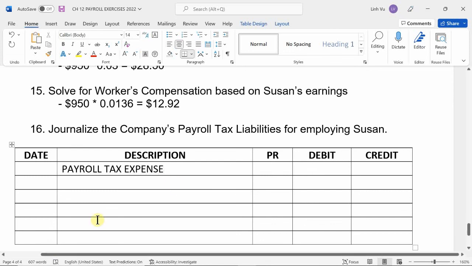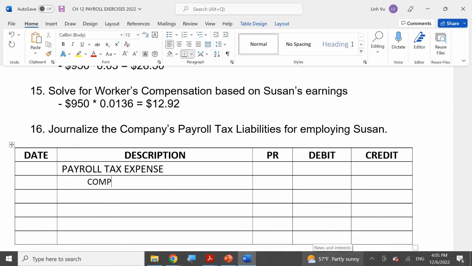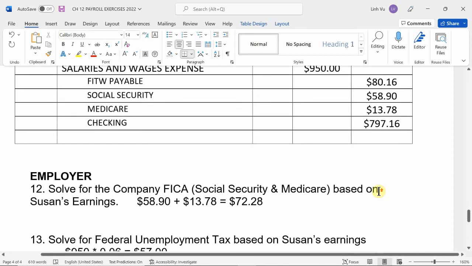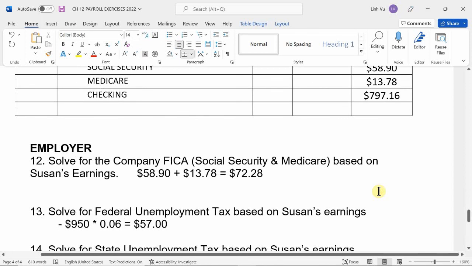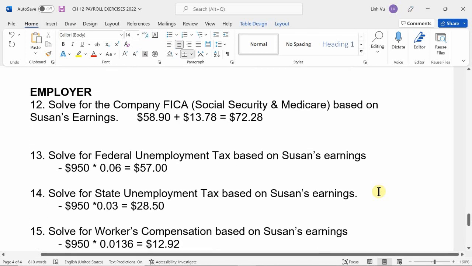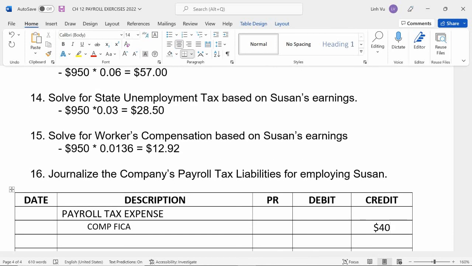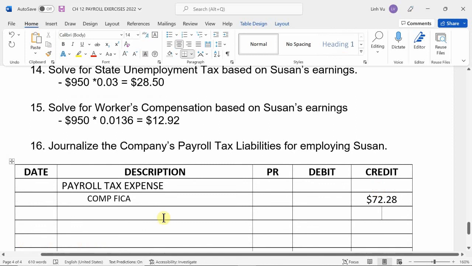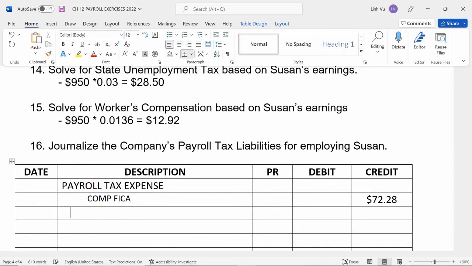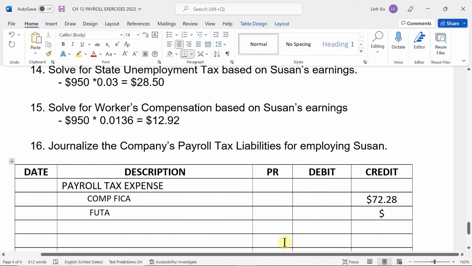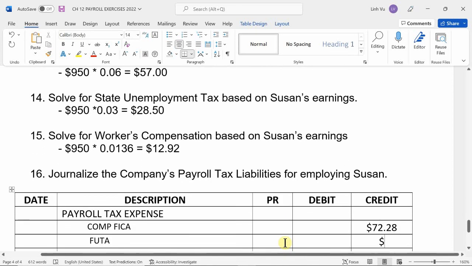We have company FICA for a total of $72.28. How much was FUTA? We said $57.